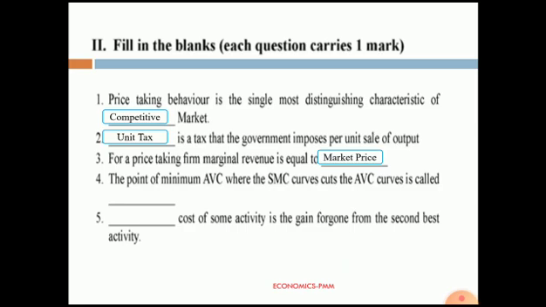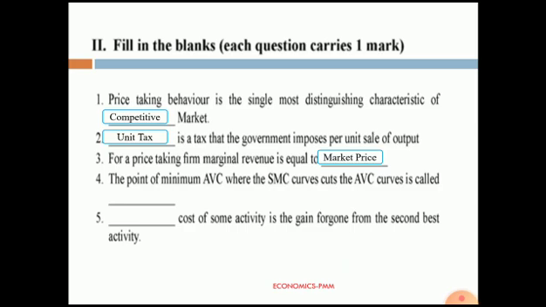If any firm is trying to change the price, it will lose its customers. So only in perfect competition, you'll find that the marginal revenue is equal to market price.